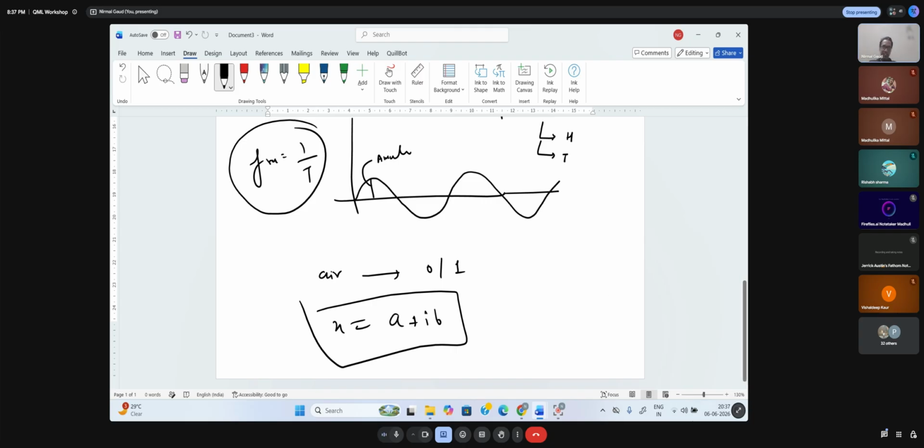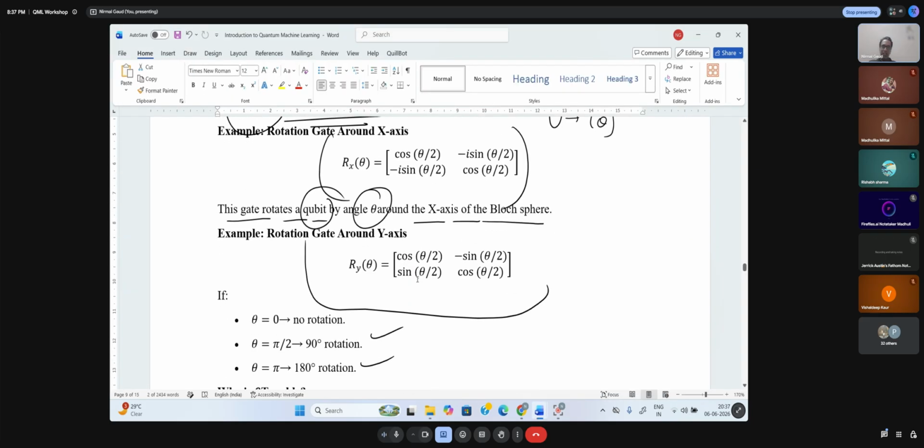That is the reason for the rotation matrix: cos theta by 2, minus i sin theta by 2, then minus i sin theta by 2, cos theta by 2. So that is rotation about the x axis. Similarly, we can have a rotation about the y axis.